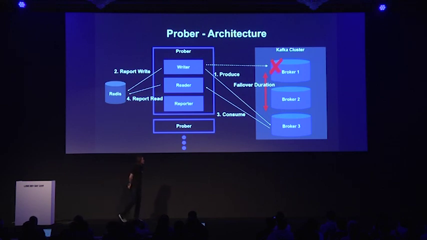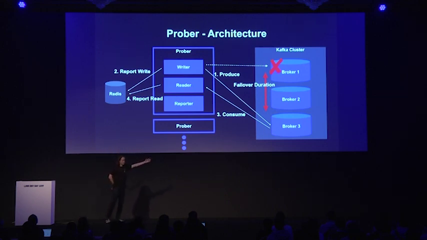This is the architecture of a prover. The prover operates in multiple instances, and one instance has a writer, reader, and reporter. These threads operate in one prover. The writer writes records to the broker continually, and the record IDs are stored in Redis.